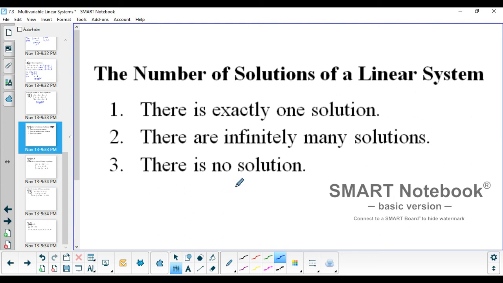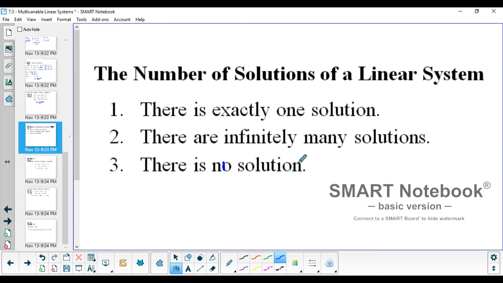Just like with 2 dimensions, when you're doing systems of linear equations, there's only 3 possibilities. There's exactly one solution, which is one point of intersection. There are infinitely many solutions, which we have yet to see, or there is no solution, which we just saw.